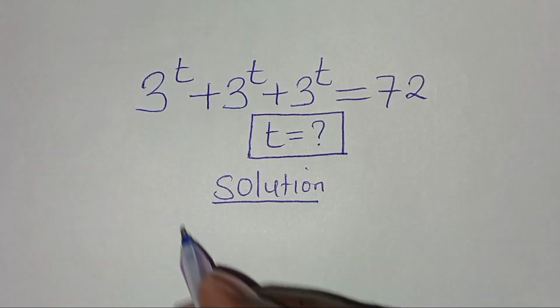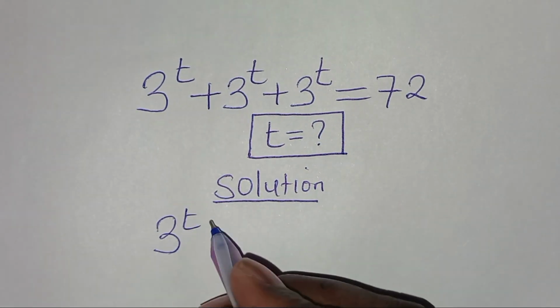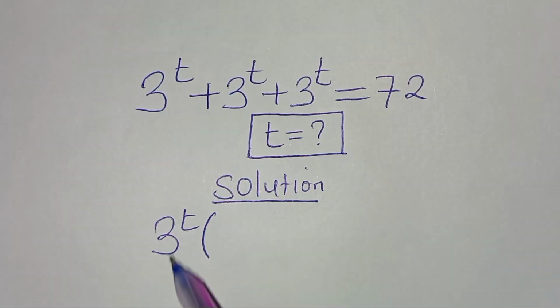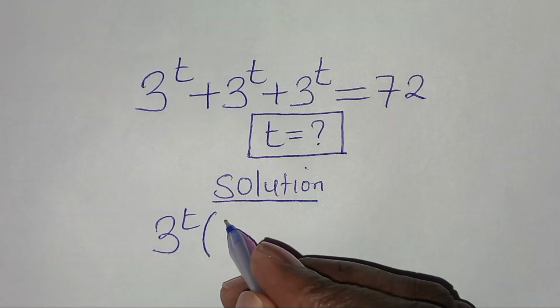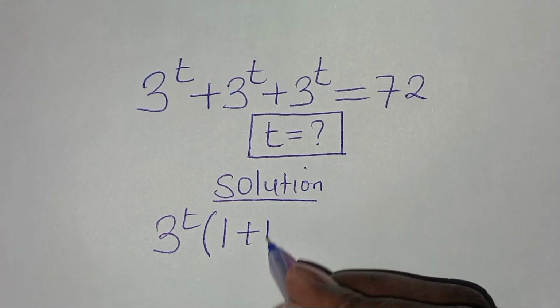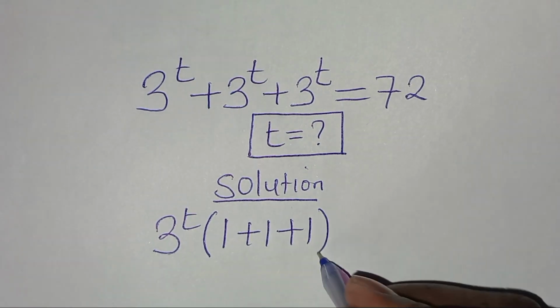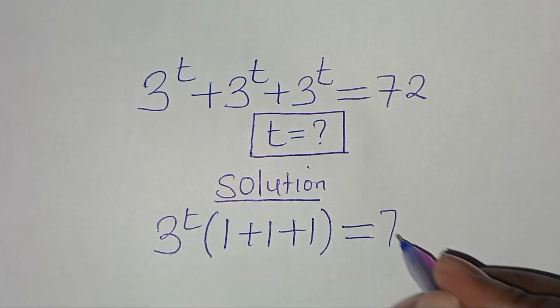From here we have that 3^t is common, so we factor out 3^t so that we'll have 3^t times (1 + 1 + 1) equal to 72.